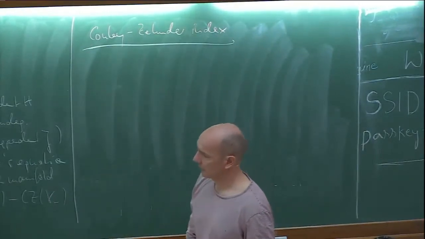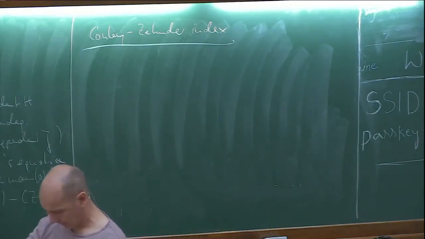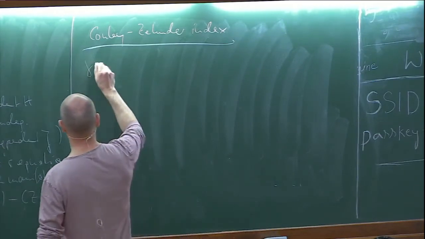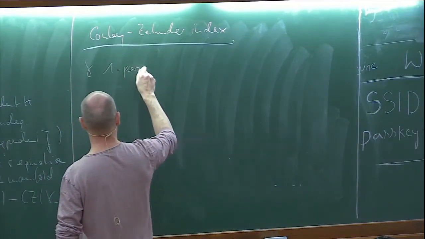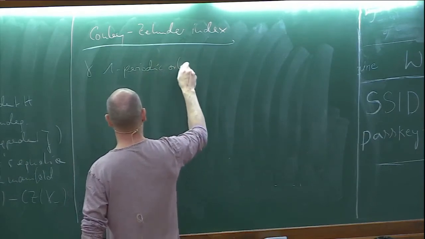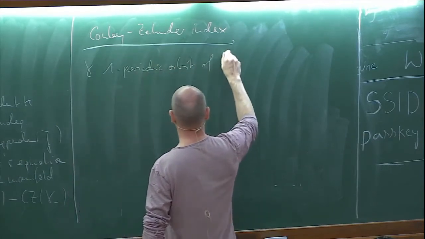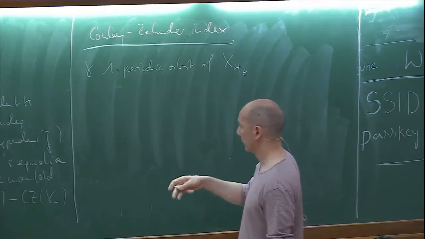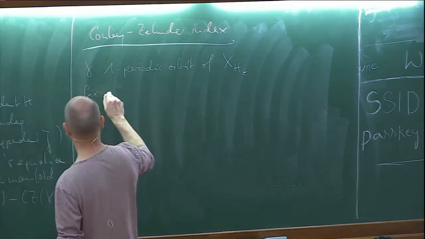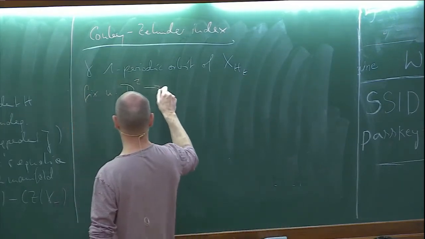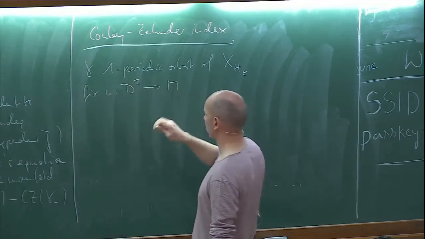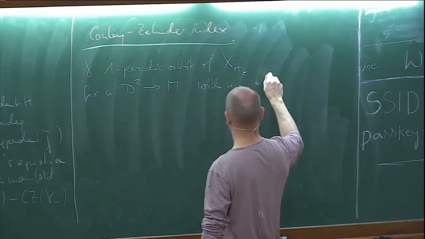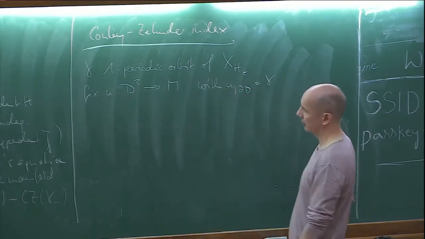So what's the setting? The setting is gamma is a one periodic orbit of some time-dependent Hamiltonian vector field, and let's fix some disk U such that the restriction of U to the boundary is equal to gamma.